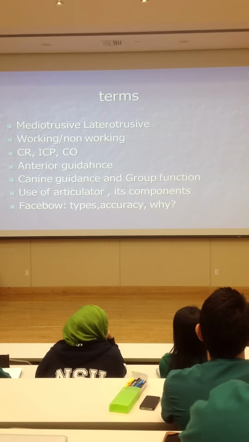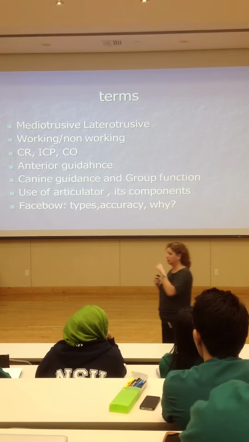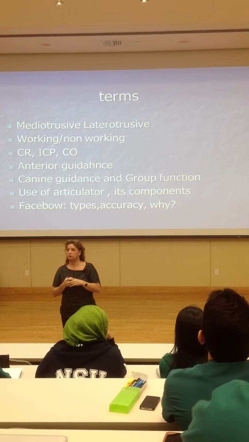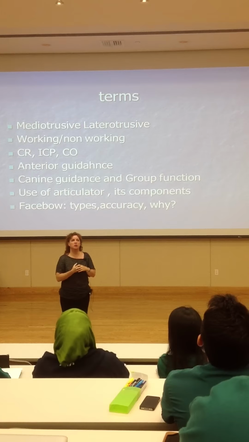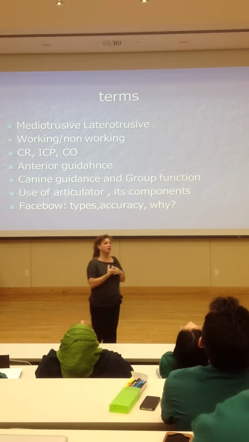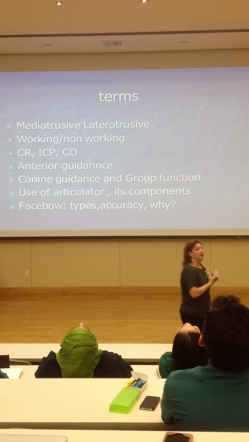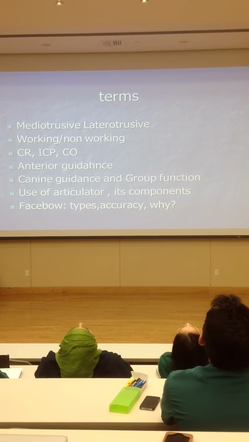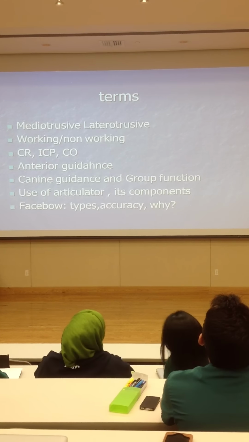Let's remind ourselves what it is. Okay, everybody, put your head back. Close your eyes, put your head back. Think about the bite, and very slowly, close down to the first contact. That first contact is retruded contact position.